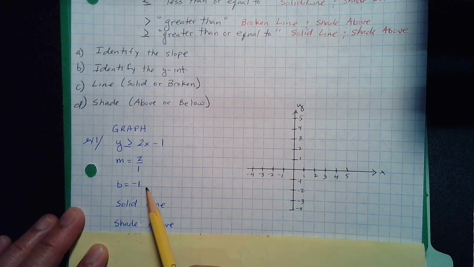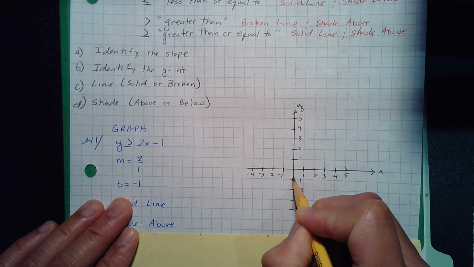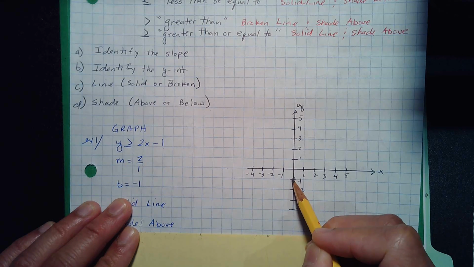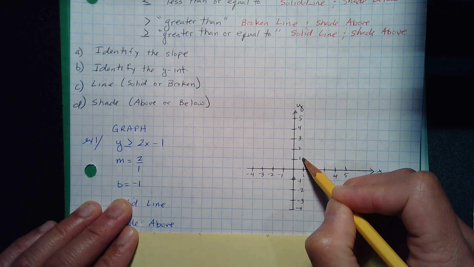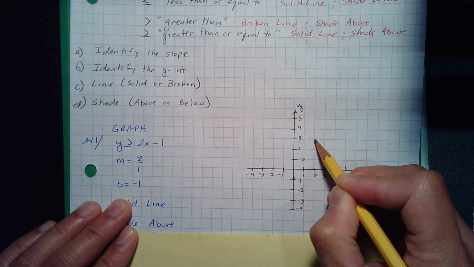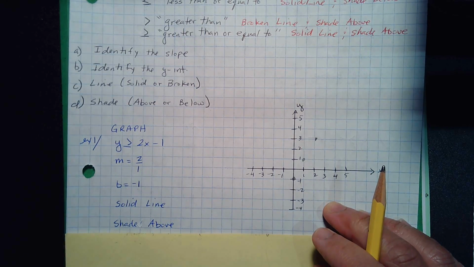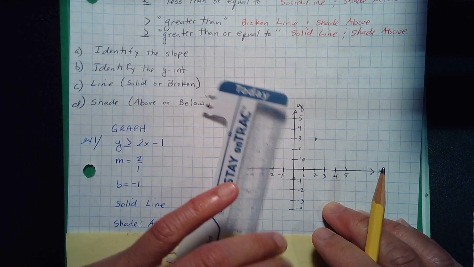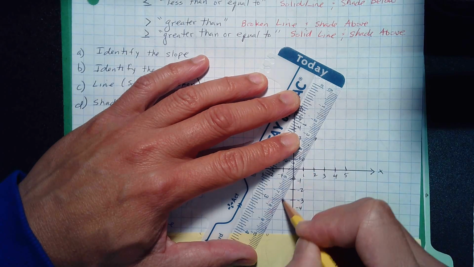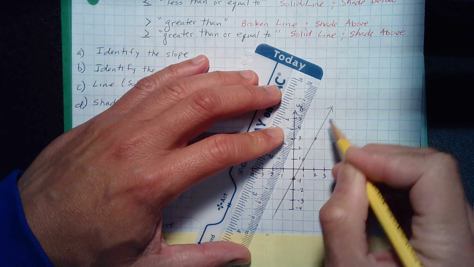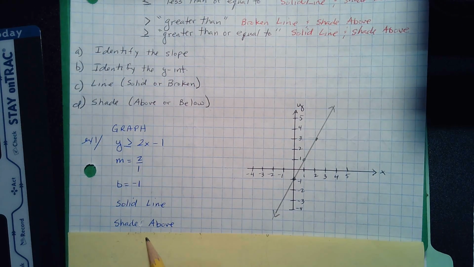So when we graph this, we start off with the y-intercept at negative 1. From there we go up 2, right 1, and continue the pattern, up 2, right 1. Now we said that the line is going to be solid, so we draw a solid line. Once we have a solid line, we shade above the line.